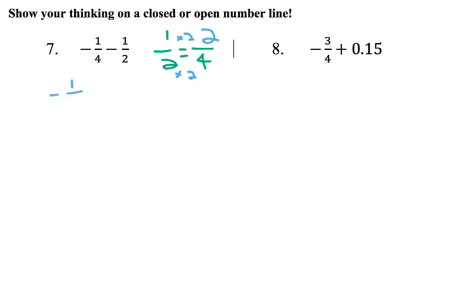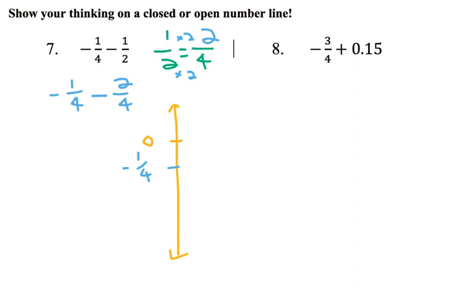So now the new problem, the negative 1/4 stays the same. The minus sign stays the same, but 1/2 is equivalent to 2/4. And then from here, I'll do this one on an open number line. So if 0's over here, negative 1/4 would be down here.